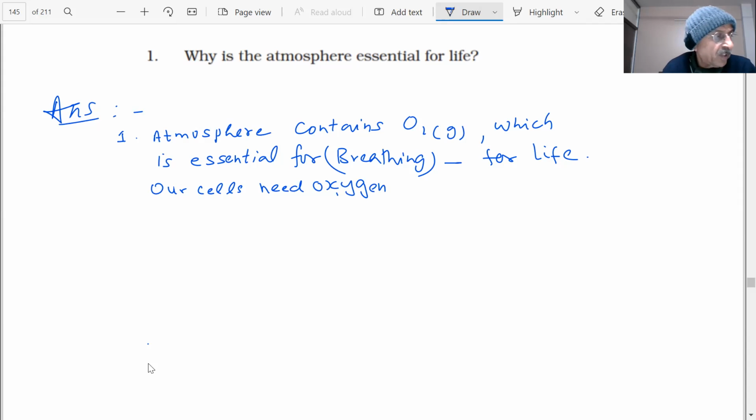Why do the cells need oxygen, students? Tell me what the oxygen does. What is respiration? What happens during respiration? When I take oxygen in my body, what is happening?